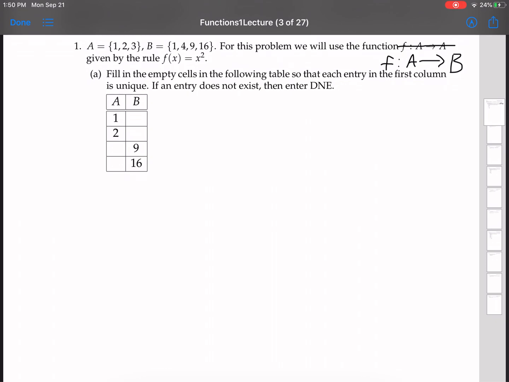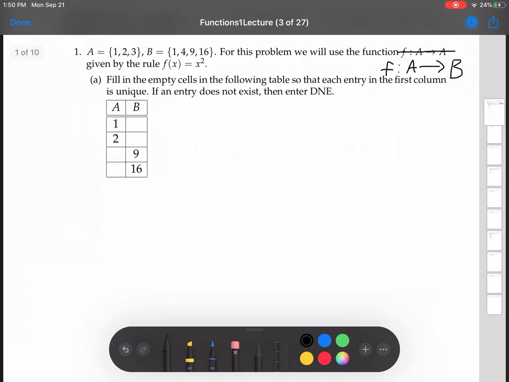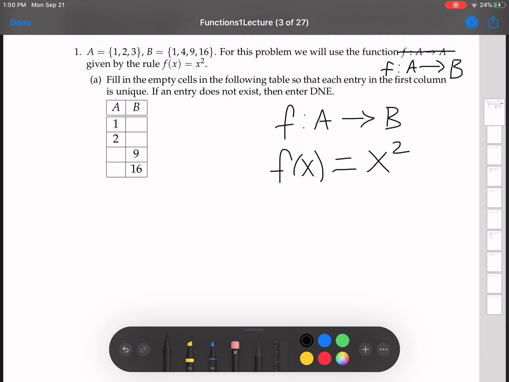So the way you might have seen this in the Xi book is something like you have f from A to B, and they write f of x below. So here this tells you your domain A, your target B, and the rule that tells you how to get from your domain to your target.